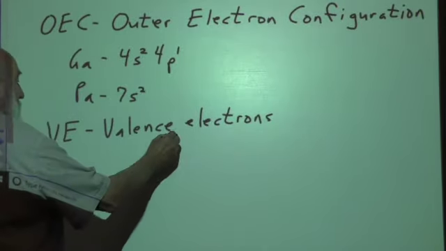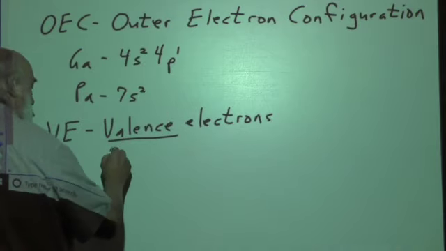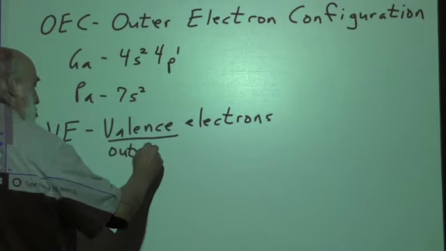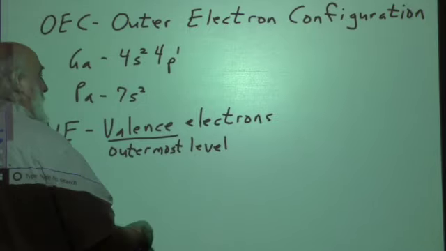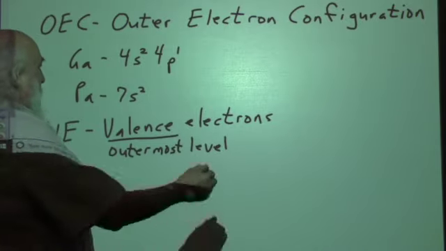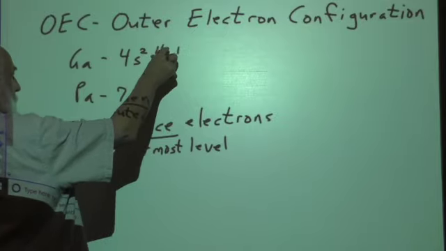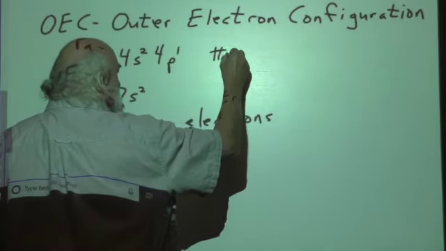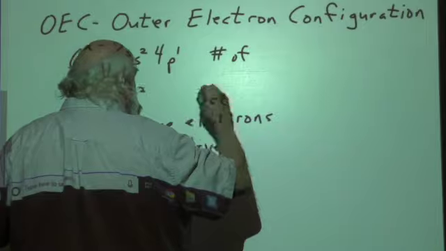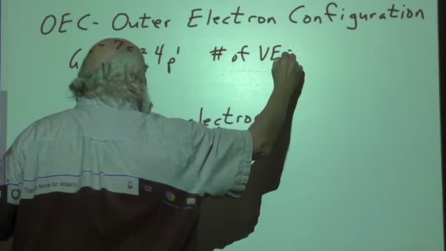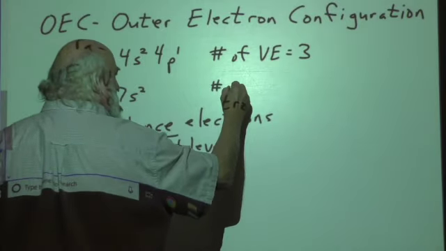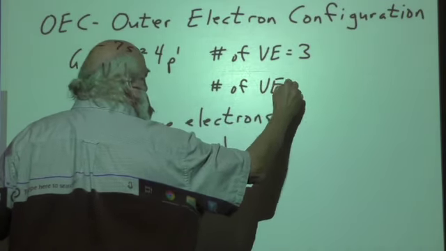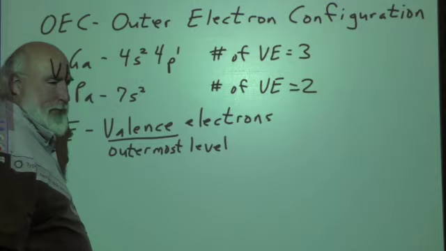Now the word valence means outermost level. So the question is, how many valence electrons do we have here? Well, you got 2 here and 1 here. So the number of valence electrons is 3. And here we just have 2. So the number of valence electrons is 2.